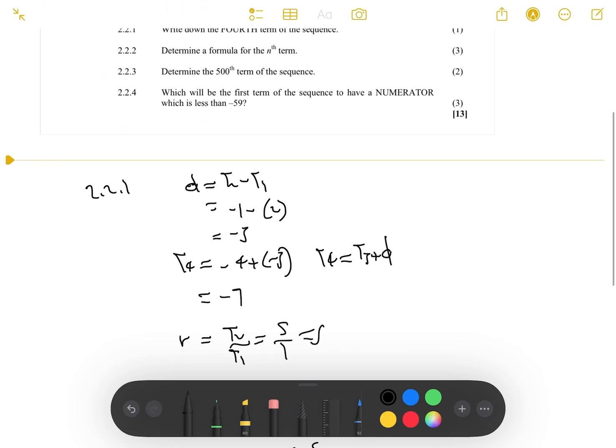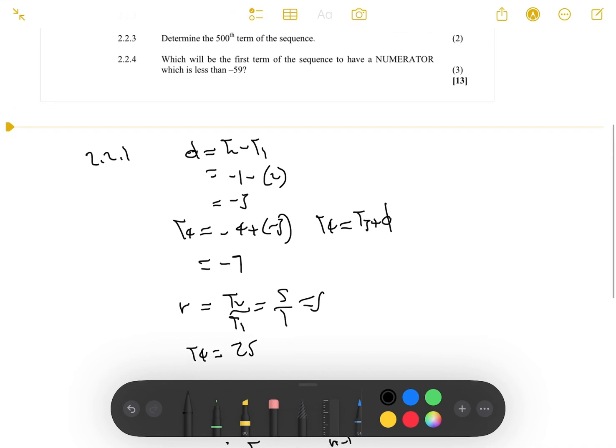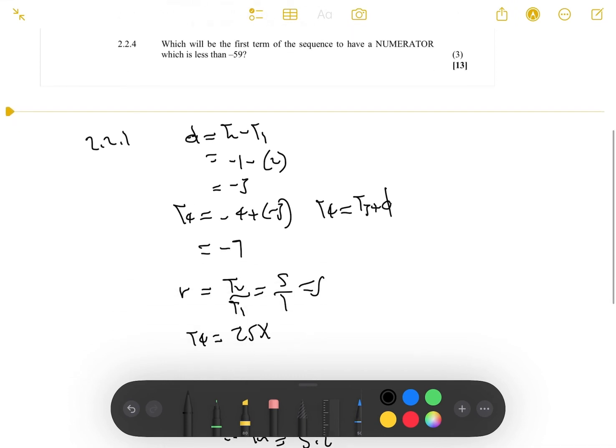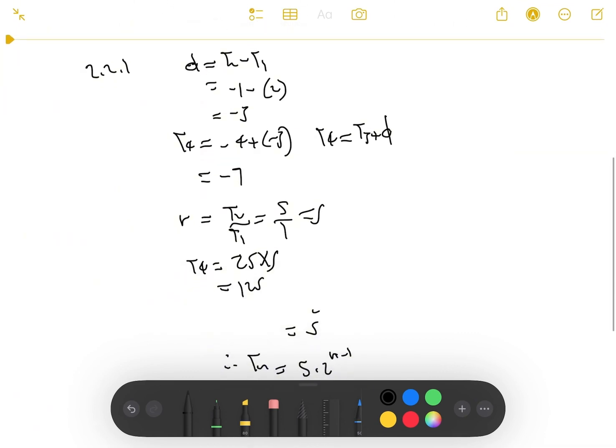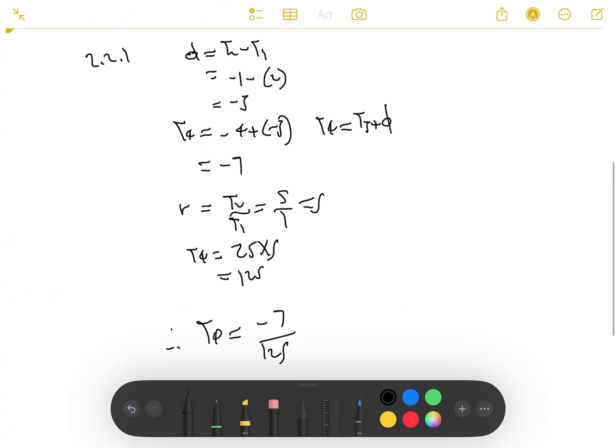Therefore, this tells us that our T4 will be equal to T3 times 5, which is 25 times 5, which gives us 125. Right, and then from that, we are supposed to determine the actual T4. Therefore, T4 will be equal to -7 over 125.